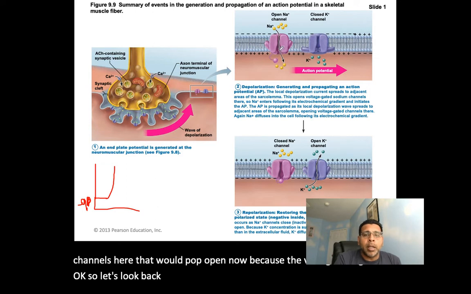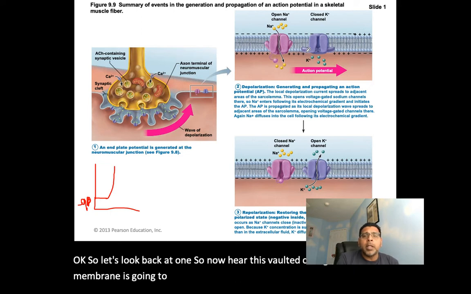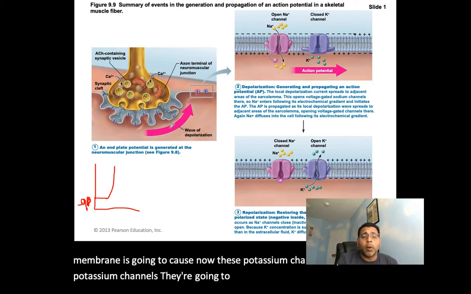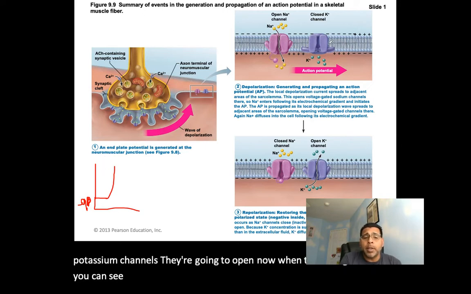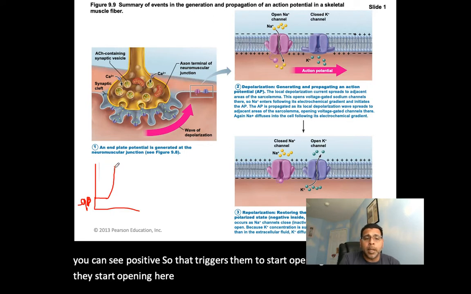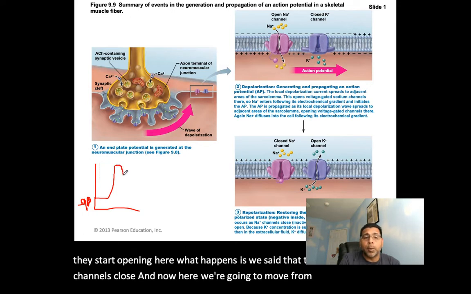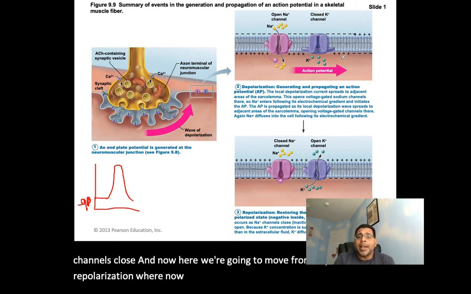So now here, this voltage change in this membrane is going to cause these potassium channels to open. These potassium channels are going to open when the voltage becomes, you can see, positive. So that triggers them to start opening. So when they start opening, we said that those sodium channels close, and now we're going to move from depolarization into repolarization, where our potassium channels open.